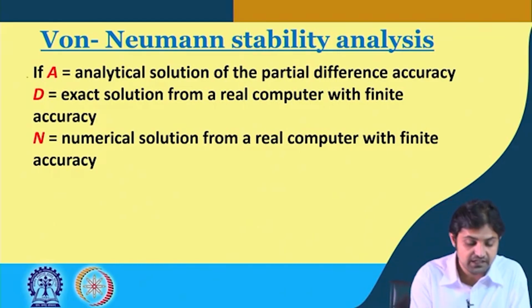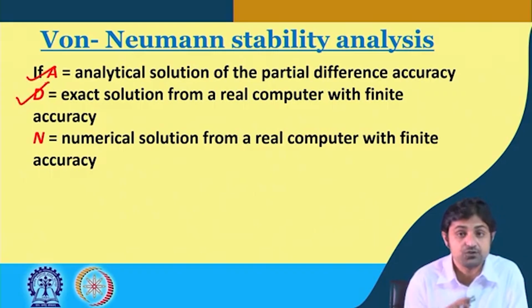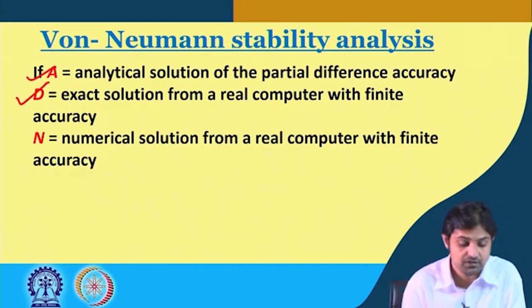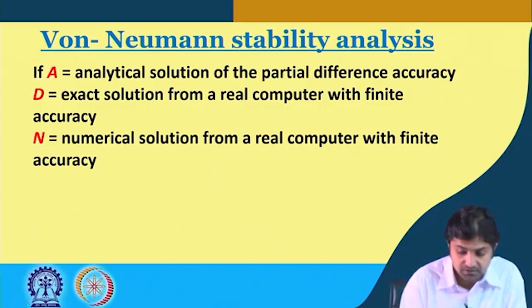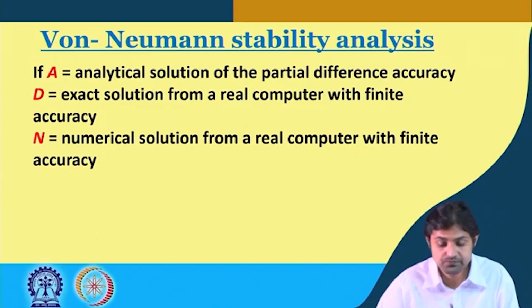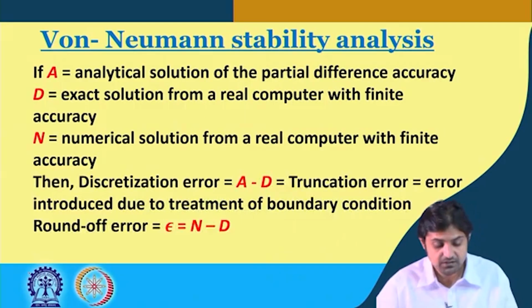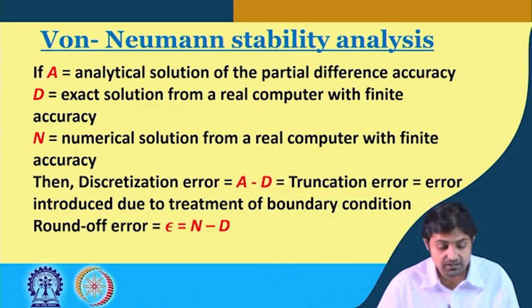Exact means perfect solution. If we use these three terms, then the discretization error is A minus D, equal to the truncation error plus the error introduced due to treatment of boundary conditions, whereas the round off error epsilon is N minus D.